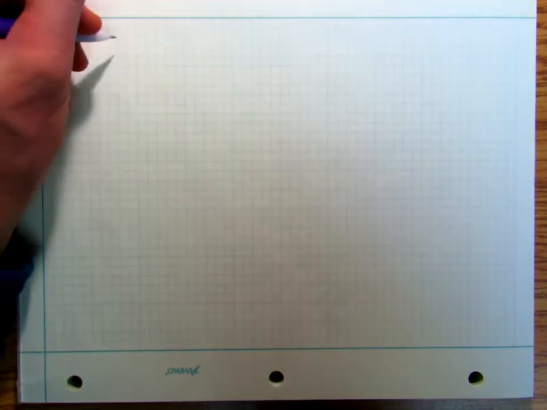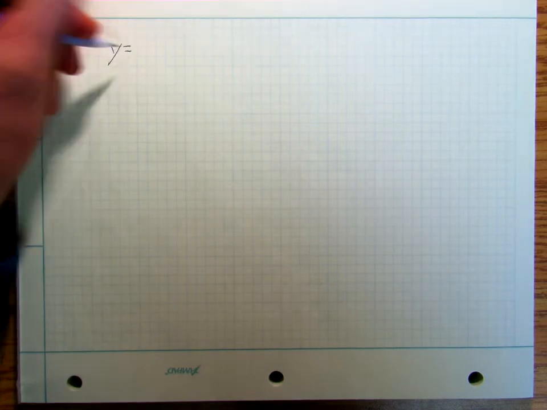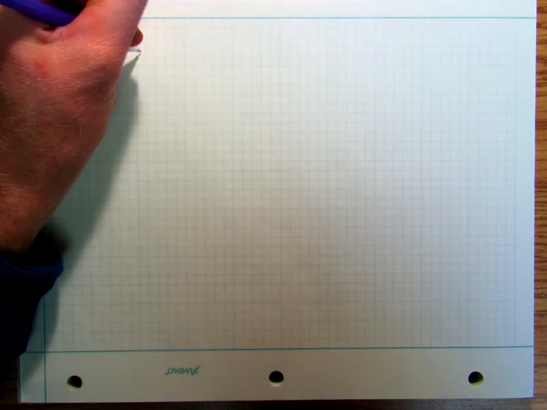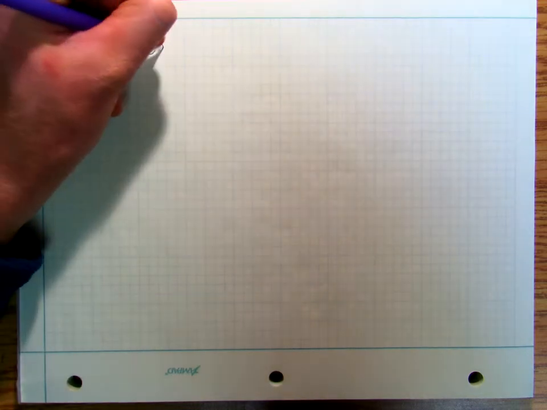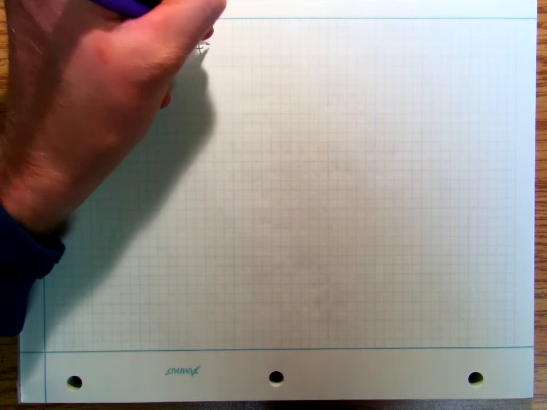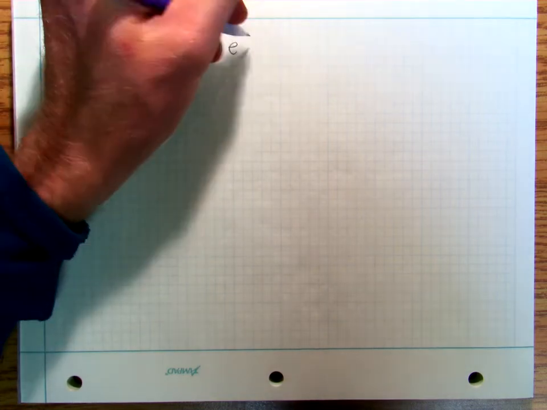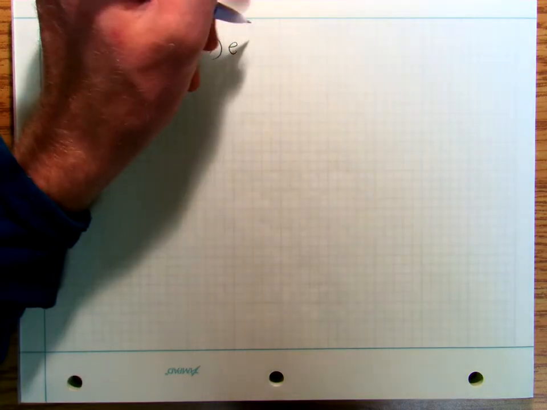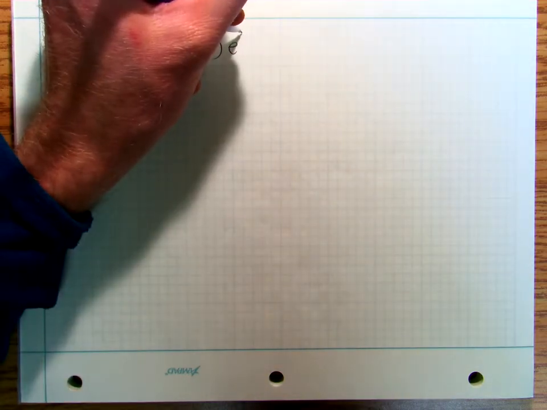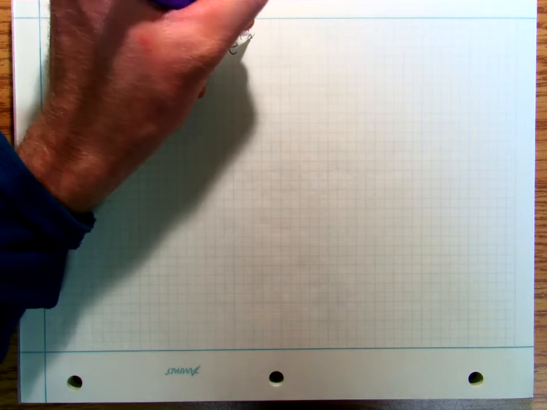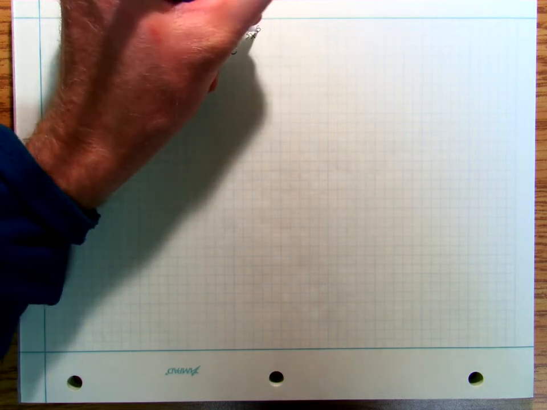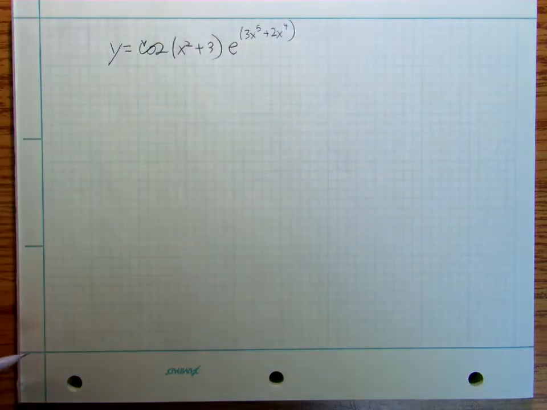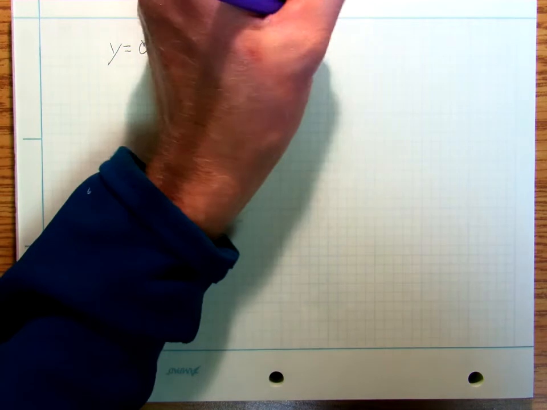So let's do y is equal to cosine of x squared plus 3 times e to the 3x to the 5th plus 2x to the 4th. Let's do that. So now we've got product rule and chain rule together.